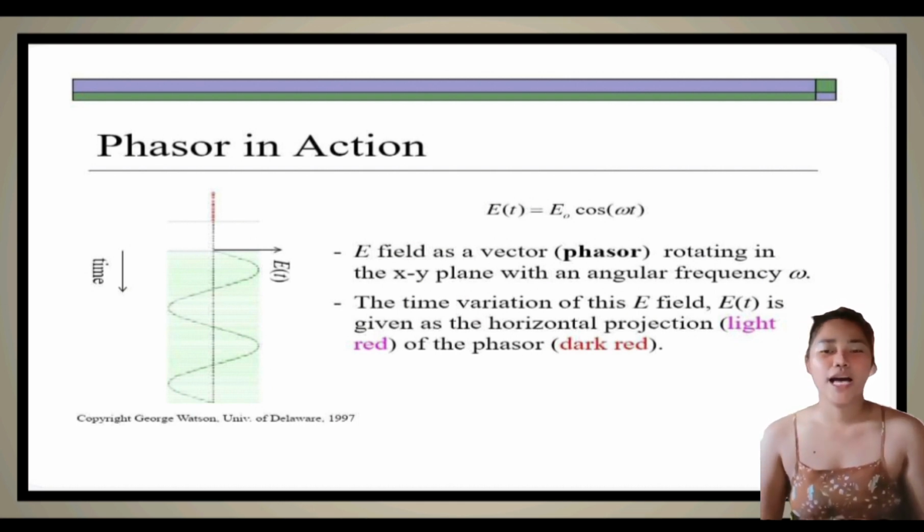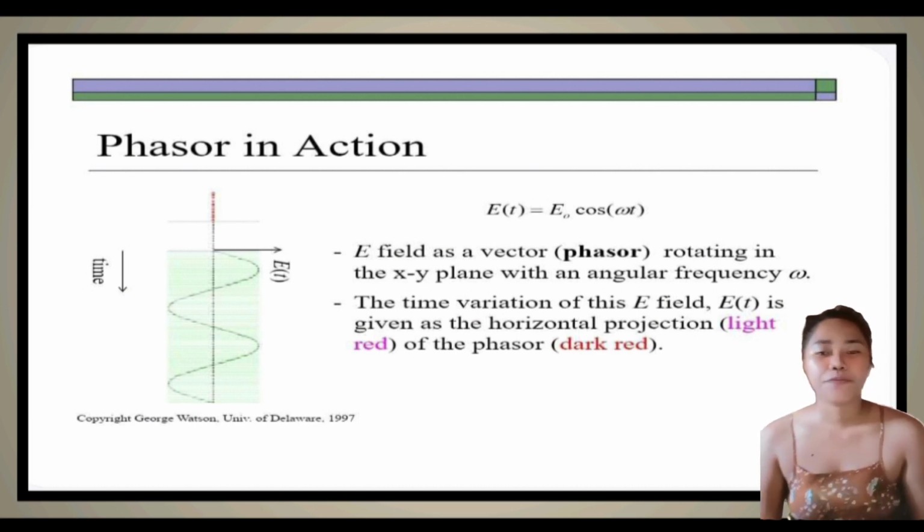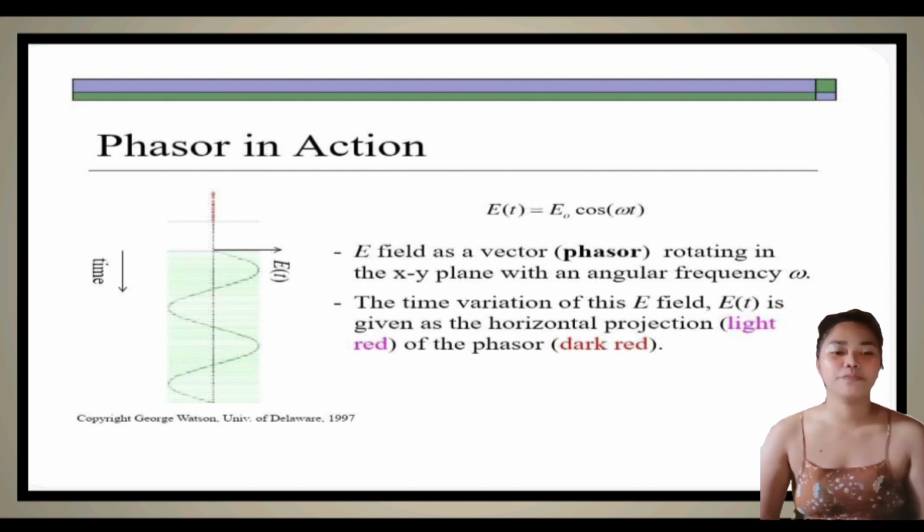Let's assume the electric field is given by the electric field as a vector phasor rotating in the x and y plane with an angular frequency. So the time variation of this electric field is given as the horizontal projection, the light red, of the phasor, and the dark red.